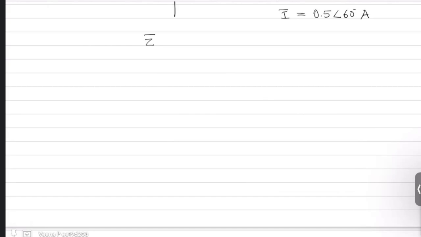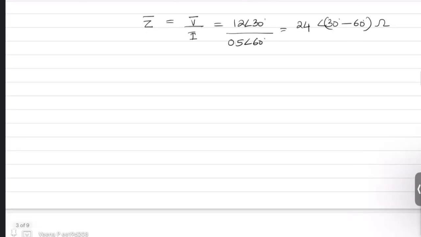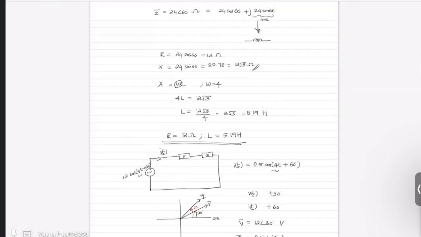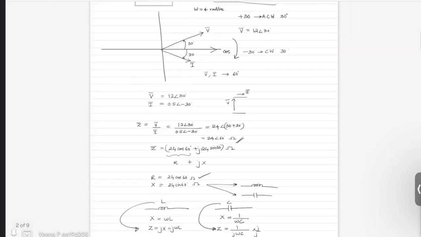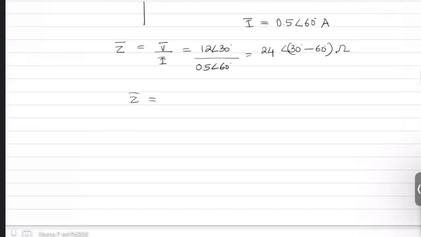So we'll follow the similar method. Now you have your impedance as the voltage by current. So the voltage is 12 angle 30 and your current is 0.5 angle 60. So this becomes 24 angle 30 degree minus 60 degree, that much ohms, which is nothing but 24 angle minus 30 degree ohms.